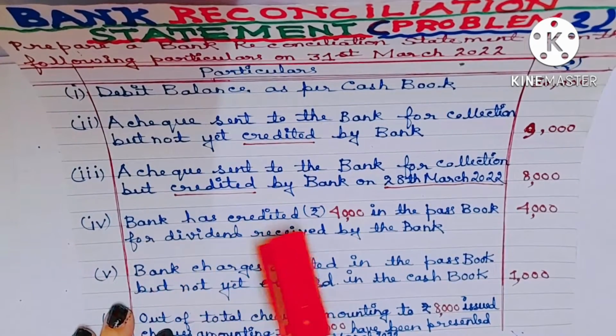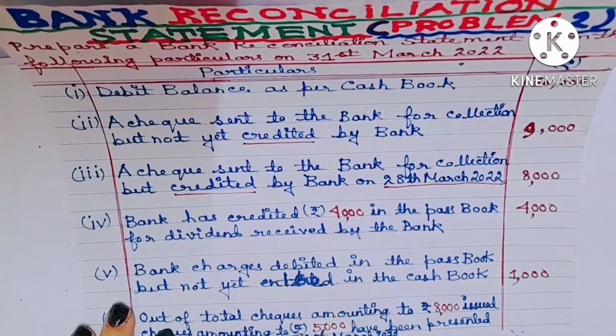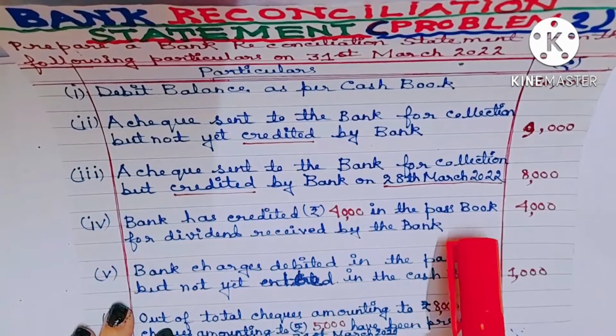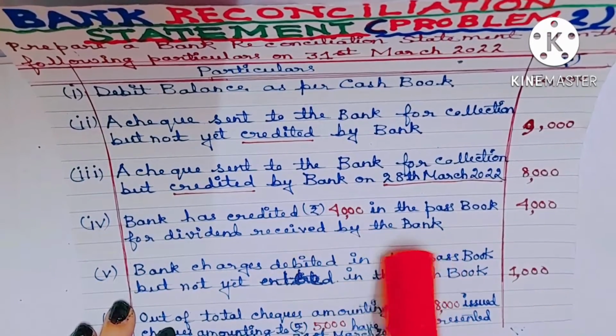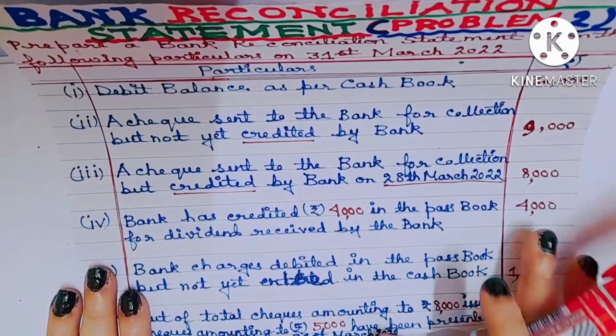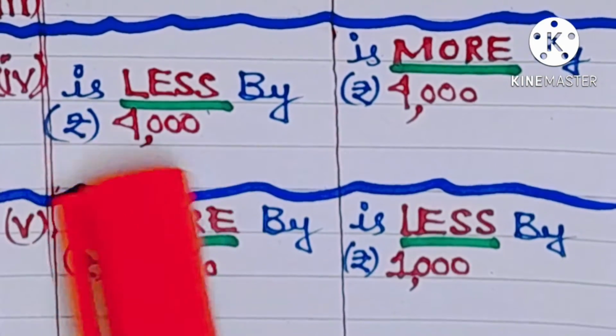Number 4. Bank has credited 4,000 in the passbook for dividend received by the bank but not recorded in the cash book. Since nothing has been mentioned, that means this was not recorded in the cash book. Now let's go through the rough work first. See, number 4.